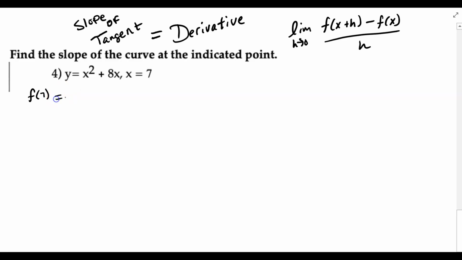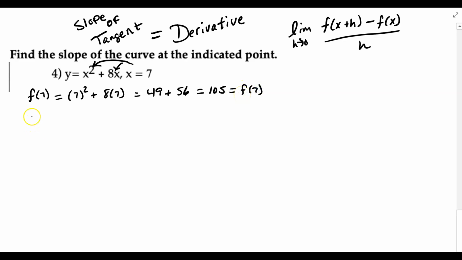It was not given, so all we have to do is plug it in here. We have 7 squared plus 8 times 7. We're going to get 49 plus 56, which is 105. So this right here is my f of 7.